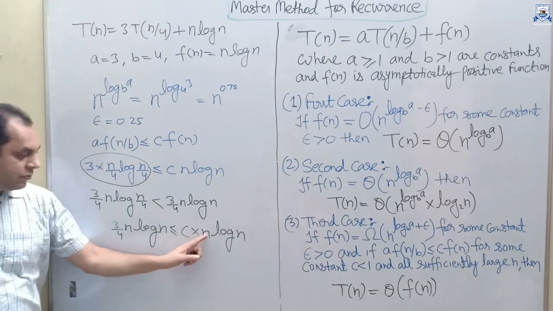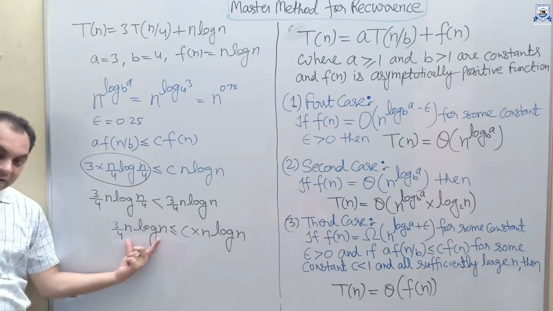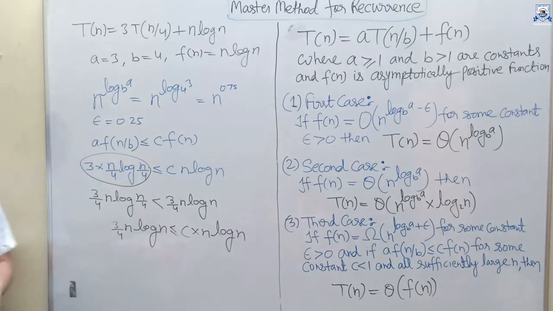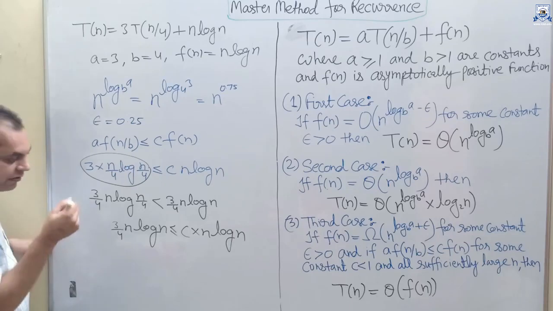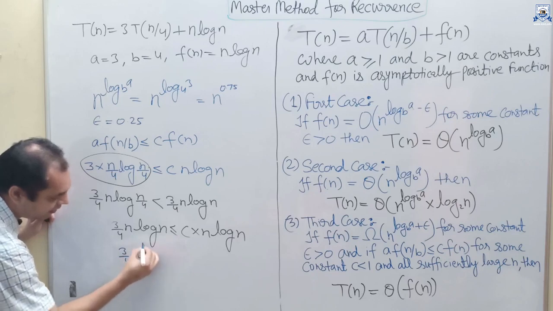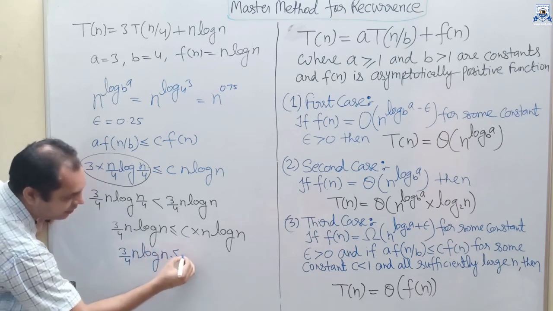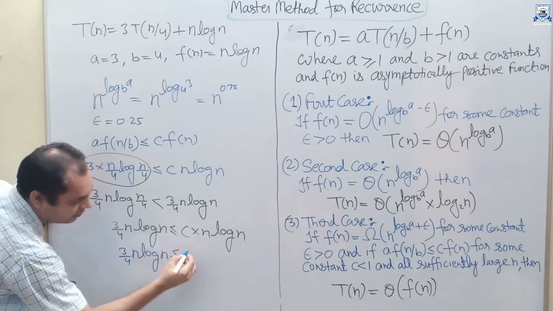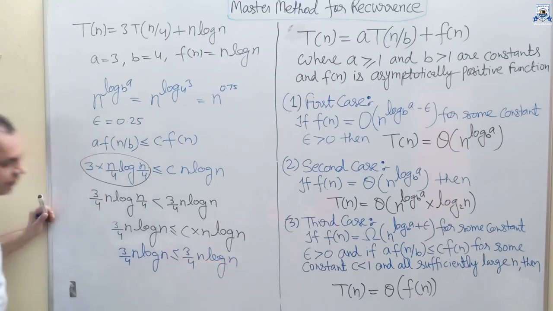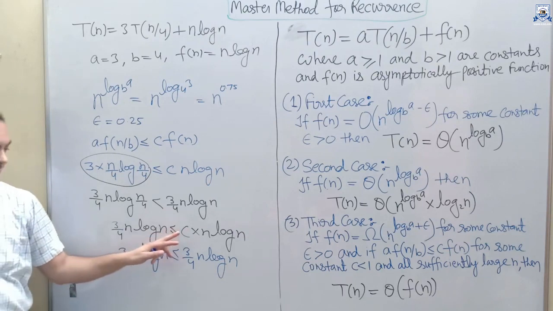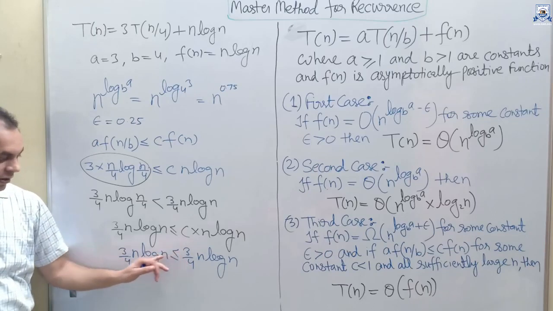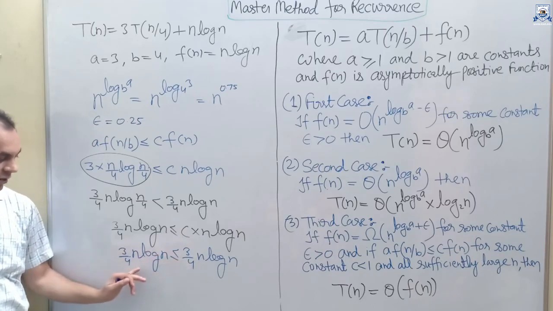Now if we compare these two things, this quantity should always be less than or equal to this quantity, and if I write the value of c as 3/4, then 3/4 n log n is less than or equal to c times n log n, which is 3/4 n log n. If I write the value of c as 3/4, this quantity becomes equal, because the left-hand side is the right-hand side.